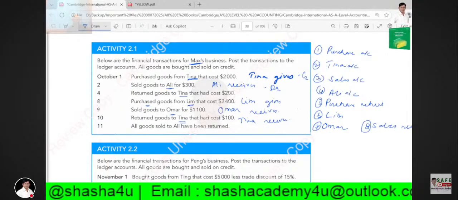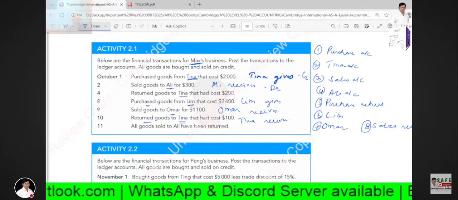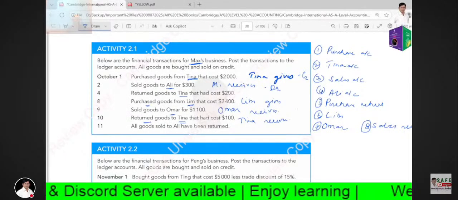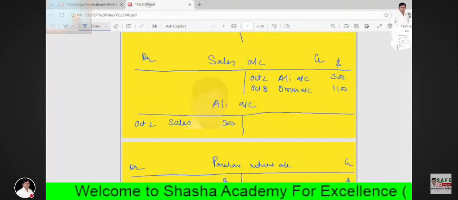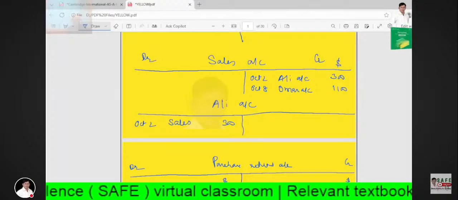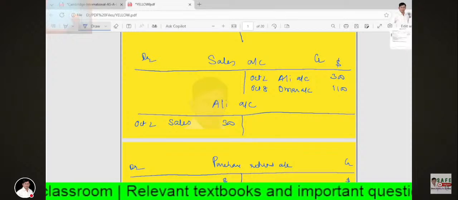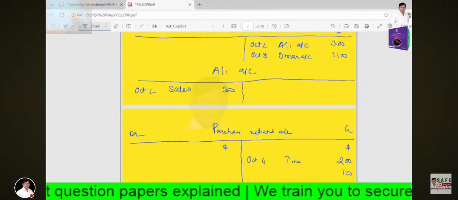Again we have a return, so it is purchase returns. Purchase returns, Tina, 100, and it is on the 10th.